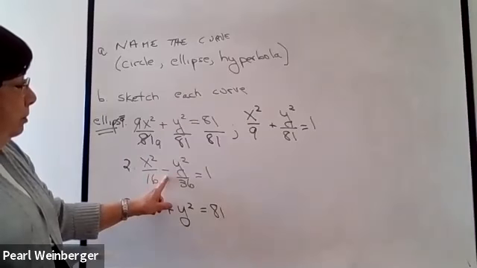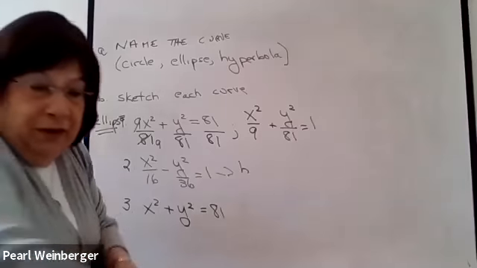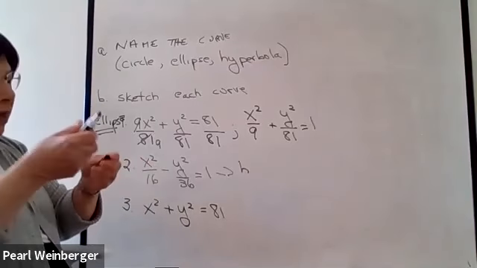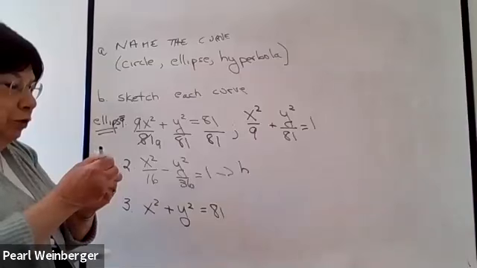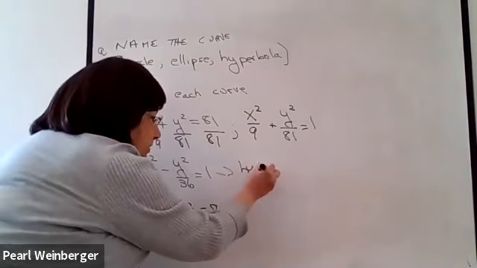The difference is that in an ellipse, you're going to have a plus. In a hyperbola, you're going to have a minus. This is not working very well. Since they're all black, it's hard to tell. I can't remember which ones were good and which ones weren't. So this one is a hyperbola.